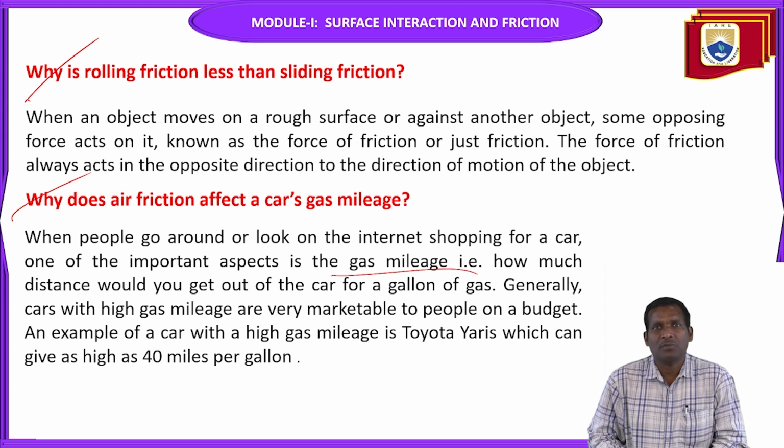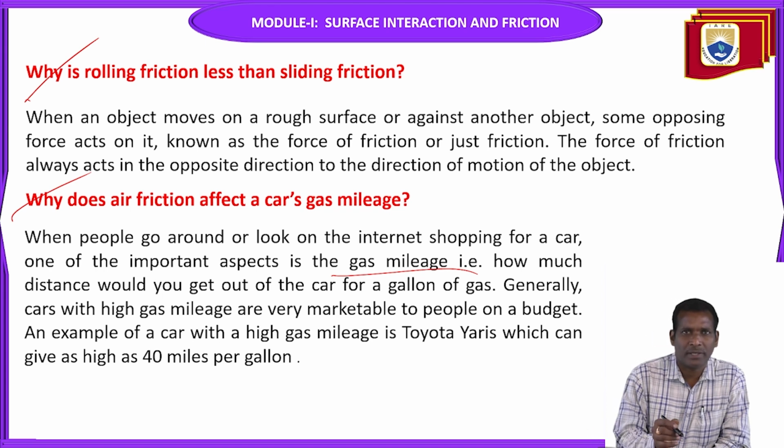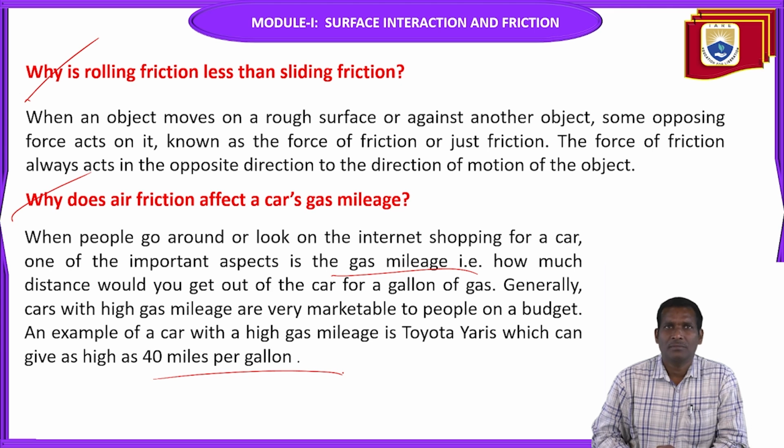How much distance would you get out of the car for a gallon of gas? Generally, cars with high gas mileage are very marketable to people on a budget. An example of a car with high gas mileage is the Toyota Yaris, which has a high of 40 miles per gallon.